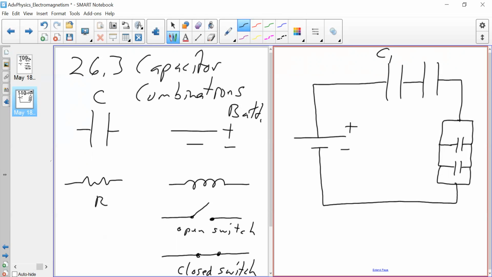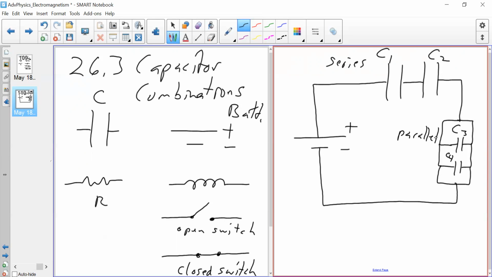This would be capacitor 1, capacitor 2, and so let's say this is 3, 4. So these capacitors are in series, and these capacitors are in parallel. Closed circuit.